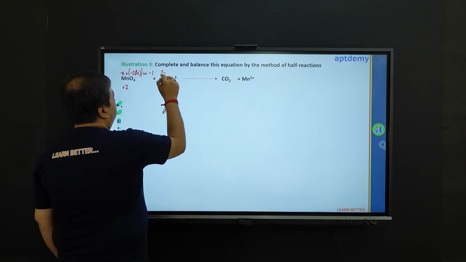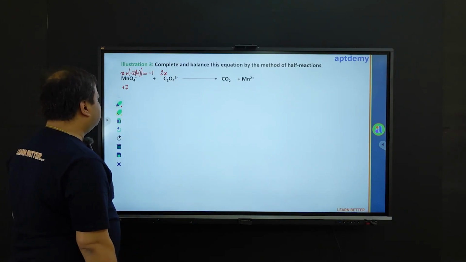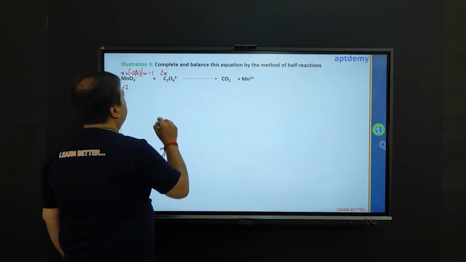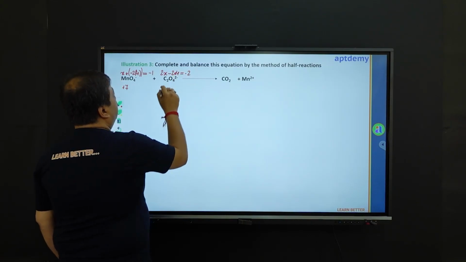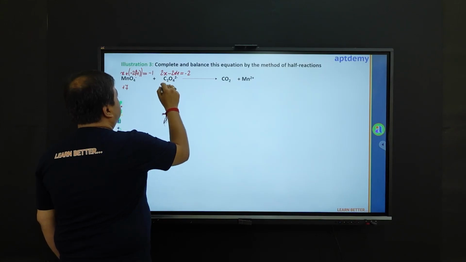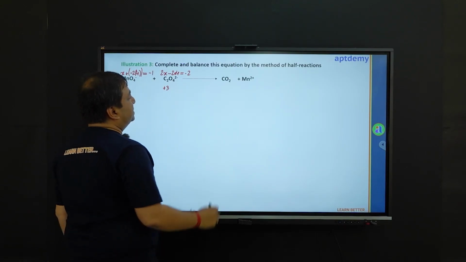We would say the oxidation state of carbon over here is X. Since there are 2, so we write 2X minus 2 times 4 equal to -2, and the value of oxidation number of carbon over here is going to be +3 as we solve this algebraic equation.